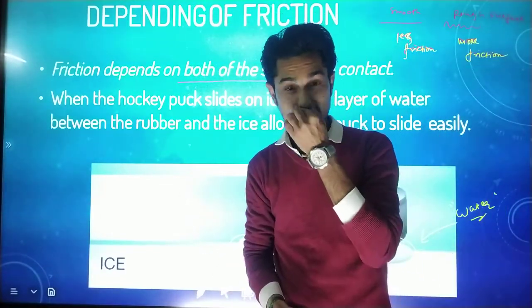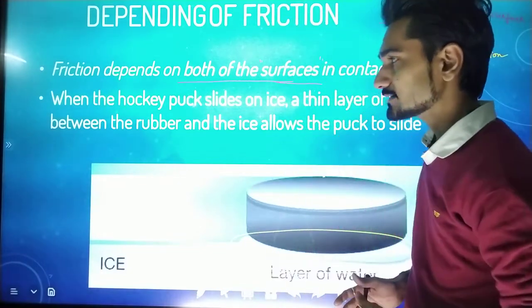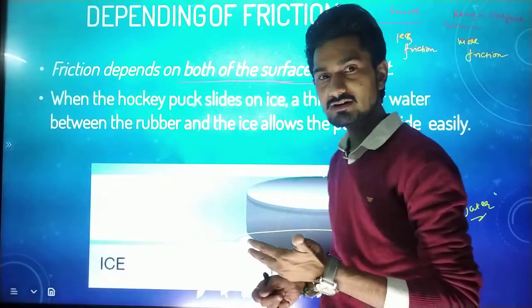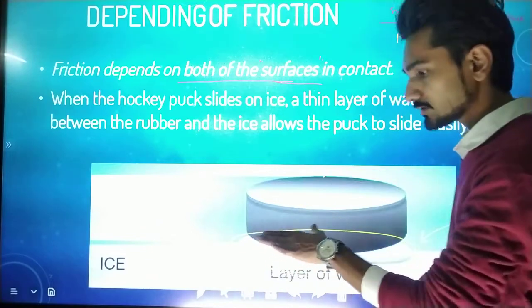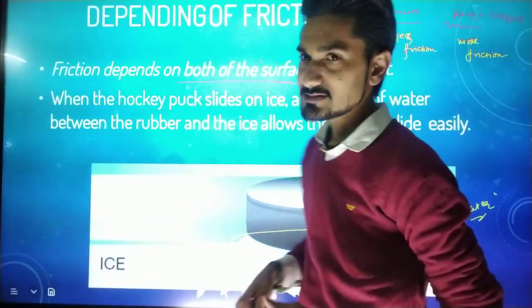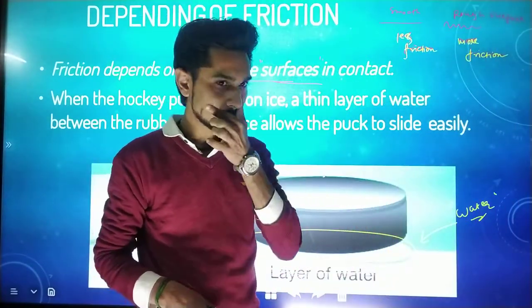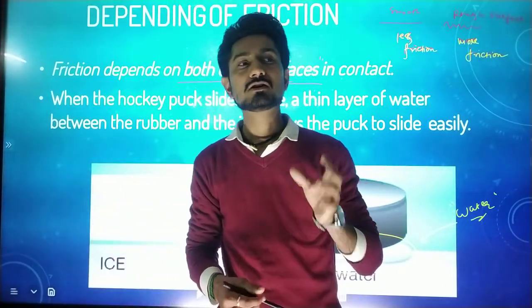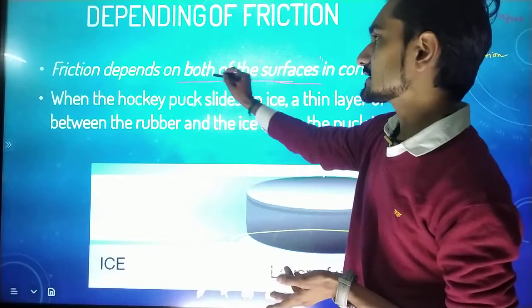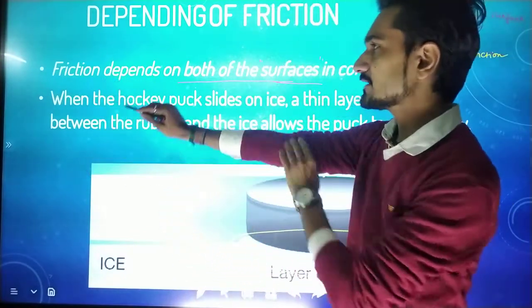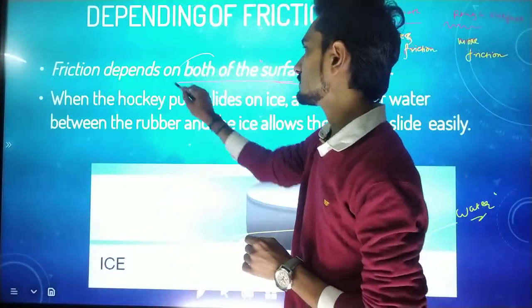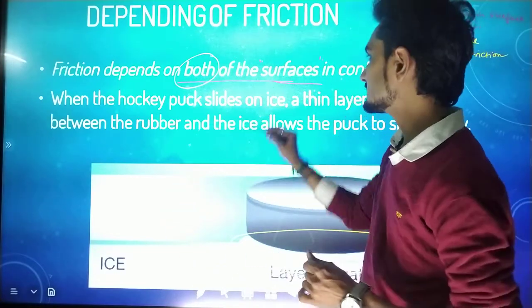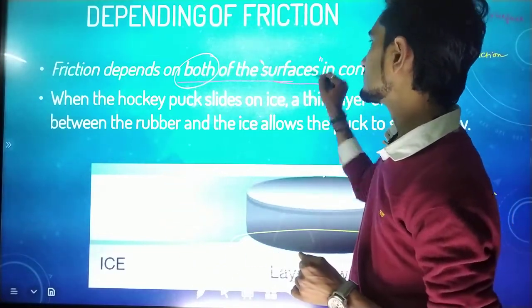Okay, so that is why it is very important what surfaces we are using. If the surface is rough, the friction will be more, and if the surface is smooth, then the friction will be less. The first thing is the surface. What is the other thing?